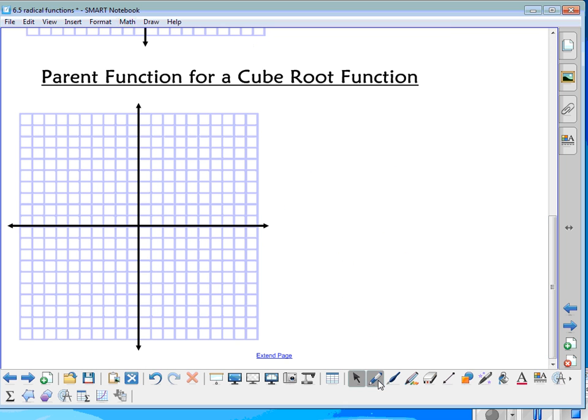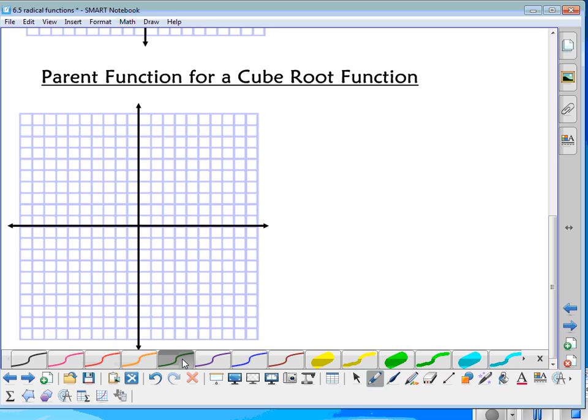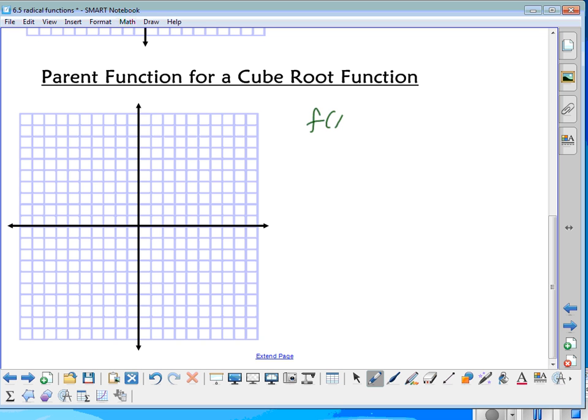All right, the next one we're going to do is the parent function for a cube root function. So my parent function is f of x equals the cube root of x. So on this one, my domain and range, is there a limit on what I can put in for x when I'm dealing with cube roots?